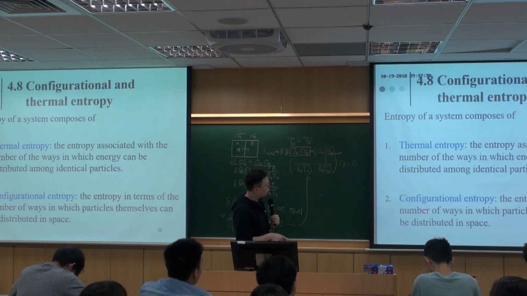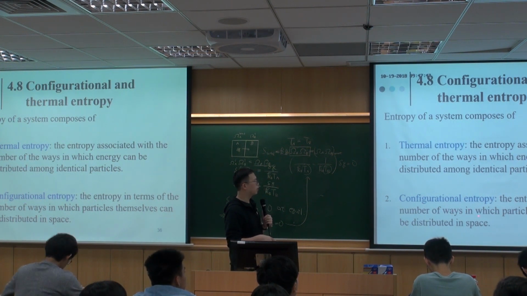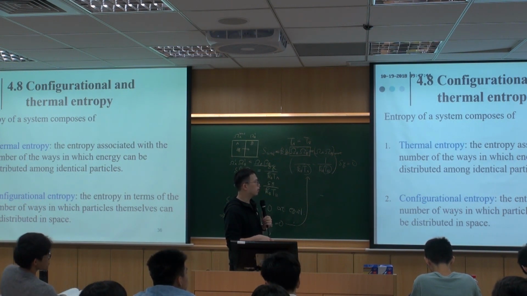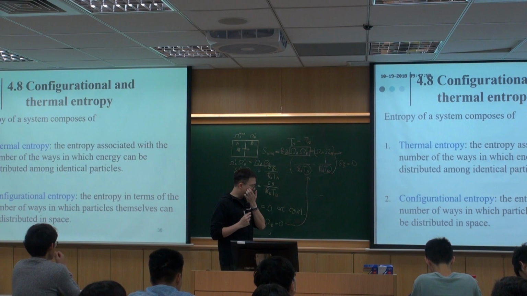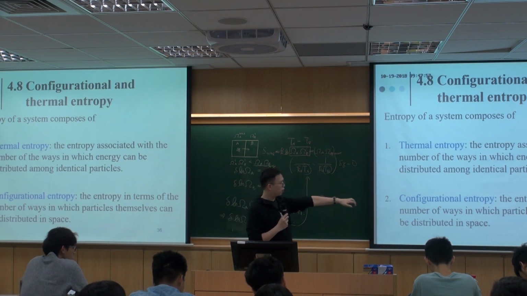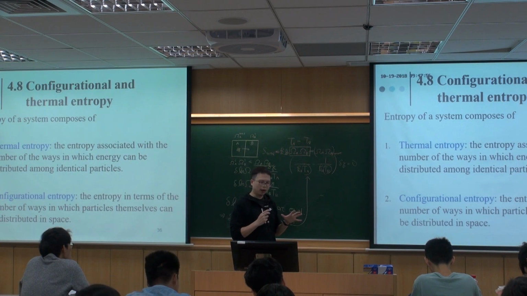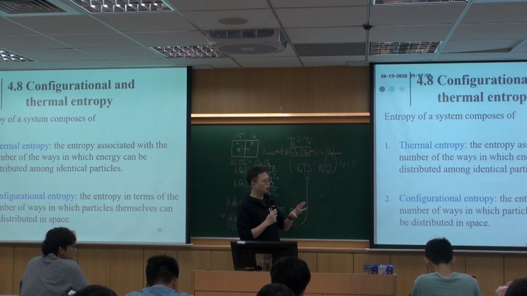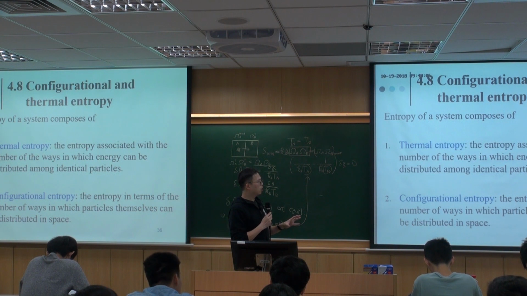And for configurational entropy, it means that entropy in terms of the number of ways in which particles themselves can be distributed in space. So what's the difference? For configurational entropy, it means that it is possible that there are several different energy states. They have the same energy, but if you look at them microscopically, they have different configuration.